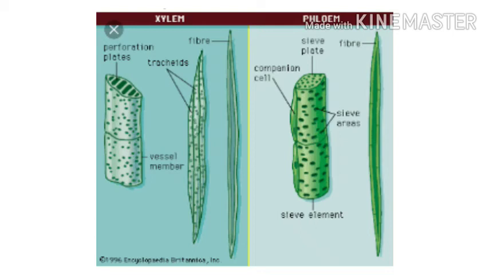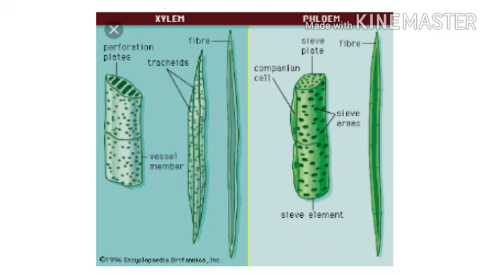So the main function of xylem is to transport water and minerals absorbed by the root up to the leaf. Xylem has thick cell walls and therefore it provides support and strength to the plants. So another function of xylem is to provide strength and support to the plants because they have thick cell walls.